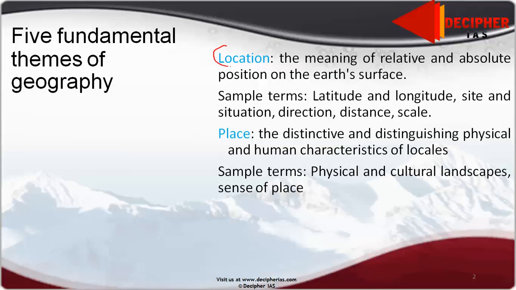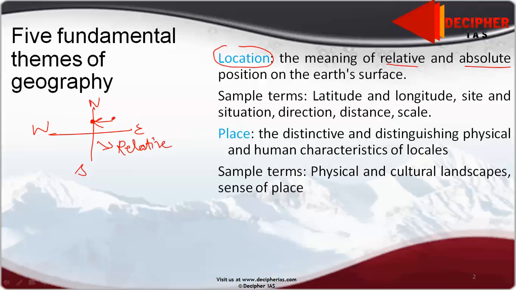First of all is location. Location can be a relative one as well as an absolute one. Relative means, suppose this is a map in which we have north, east, west and south. If I am standing here and one person is standing here, then this person is west of me. So this is called relative.